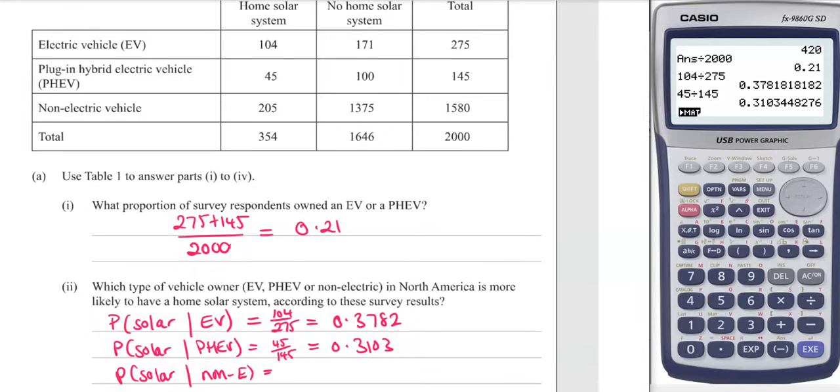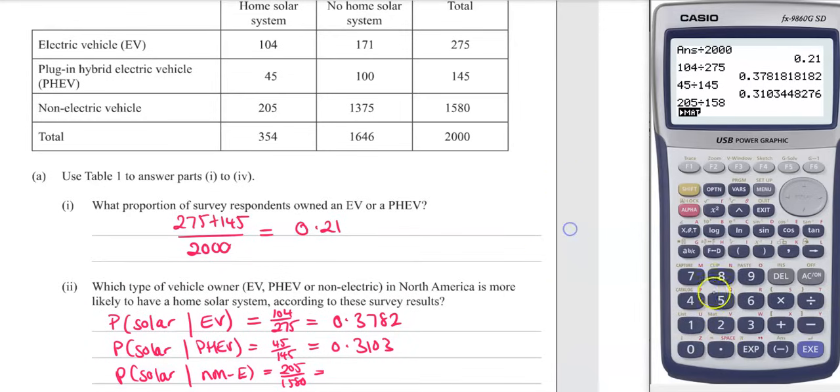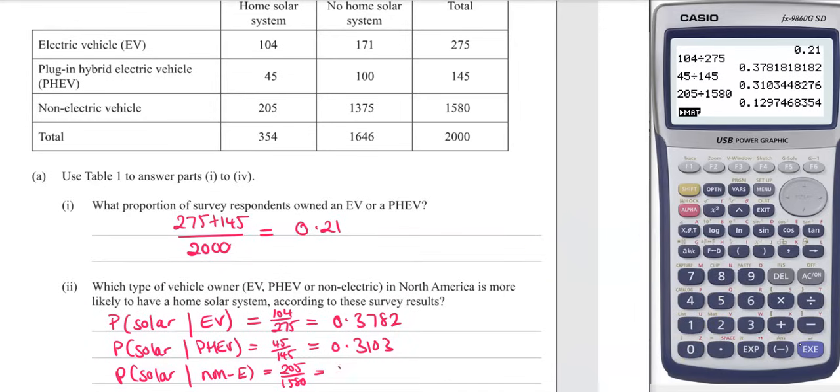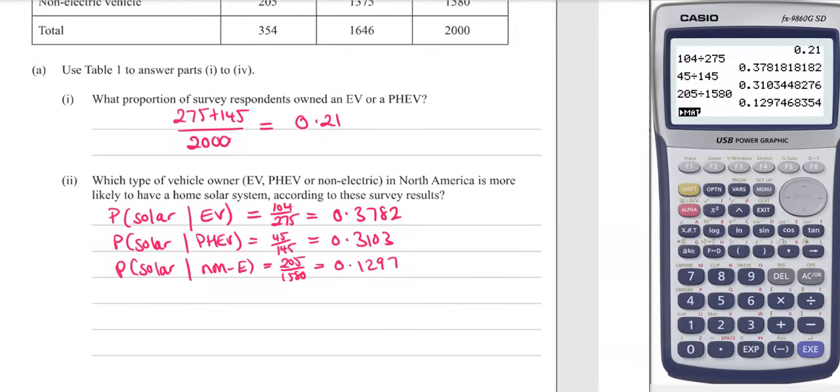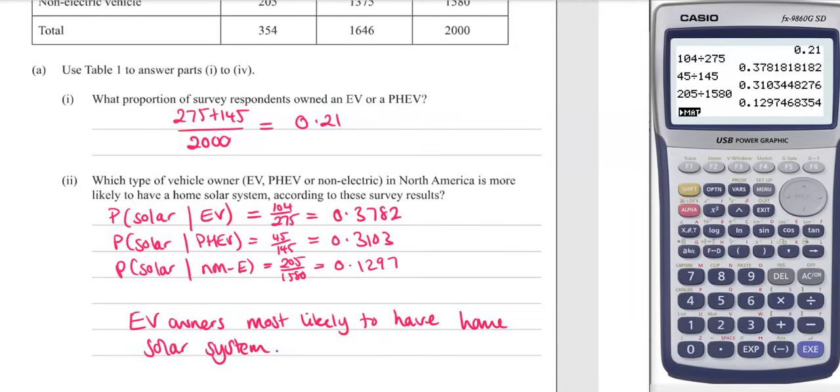So the non-electric vehicles, we've got 205 out of 1580. So EV owners had the highest number there. All right, next question.